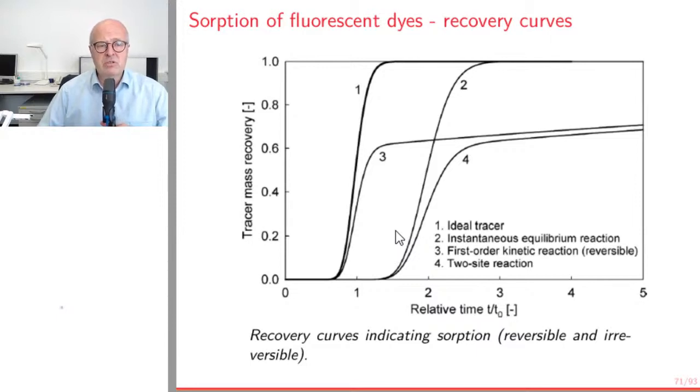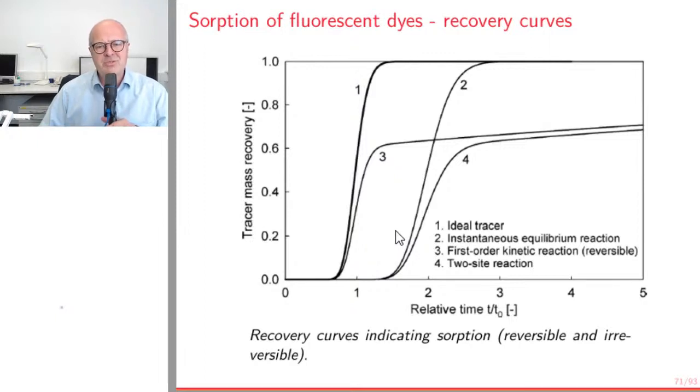So flow times concentration is a mass, and if you build the integral of the concentrations over time multiplied with the flow at that concentration, in the most ideal case of a constant flow, you get the mass, and you can compare the mass recovery to the mass injection, because you inject a certain amount of tracer. Now, you should get 100% back. This is case number one, the ideal tracer.